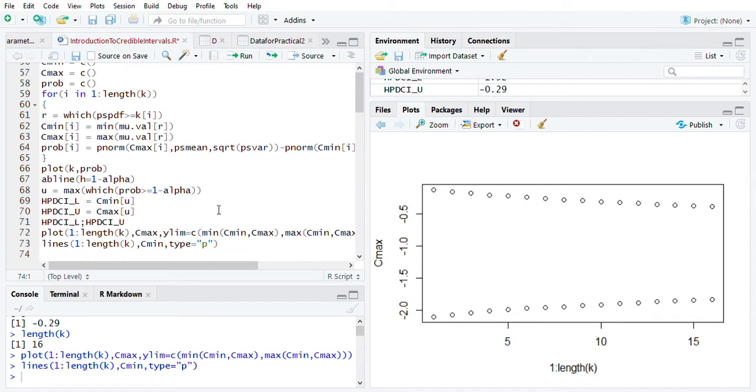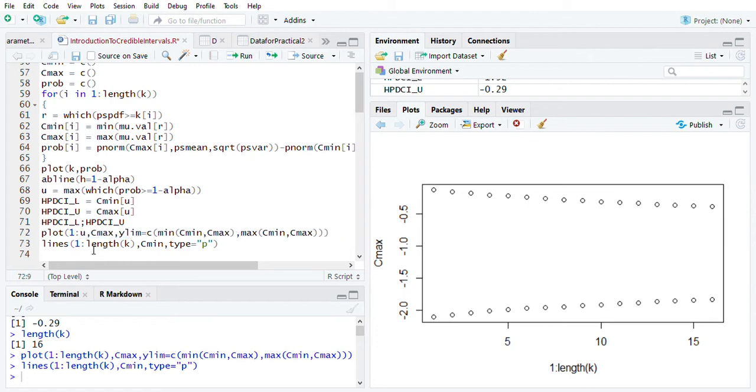Can you notice the length is decreasing actually, right? But see, only decreasing the length is not the criteria. The idea is that we should also have the coverage probability at least 0.95. So we should consider only those points which fulfill the criteria that the probability should be at least 0.95.